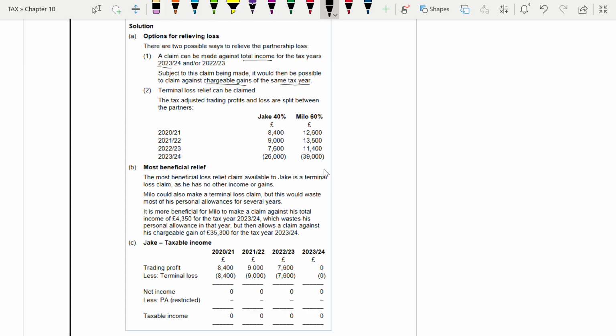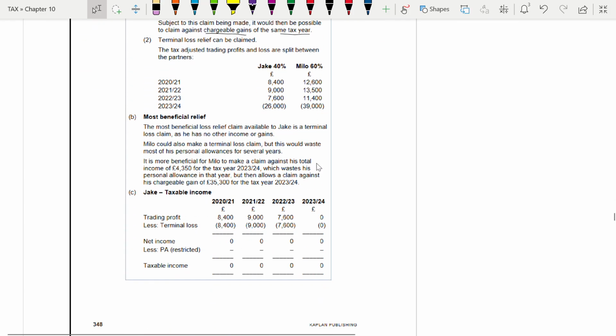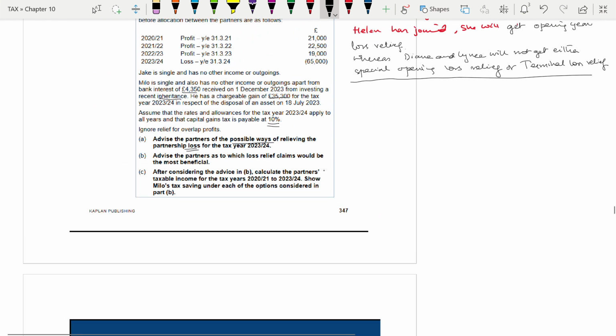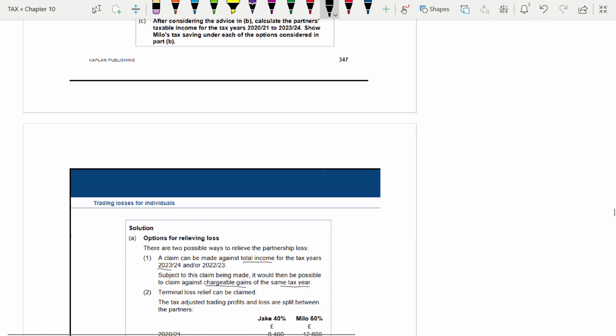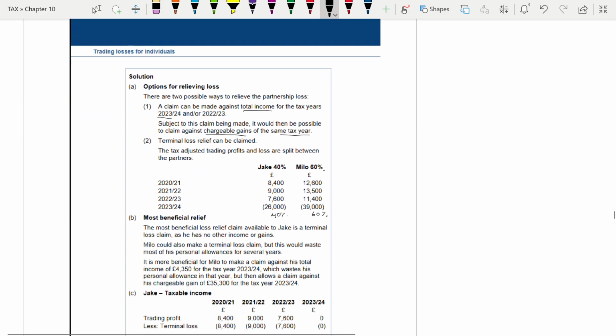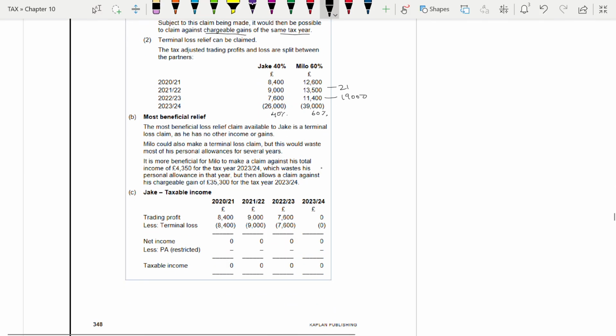Now they can claim against total income. How much is the loss? The loss is 65,000, shared 40%, 60%. How much is the profit? That much only we can recover. If you take this one, it will be 22,500.